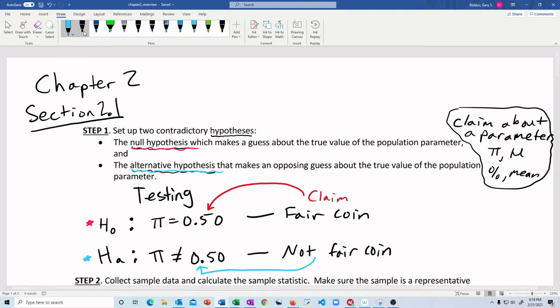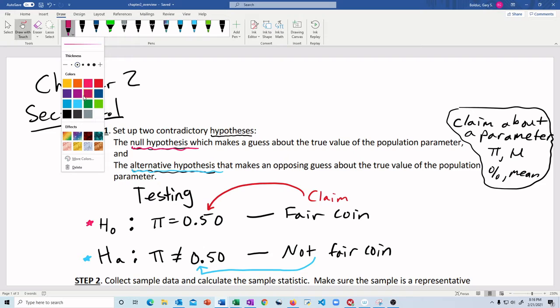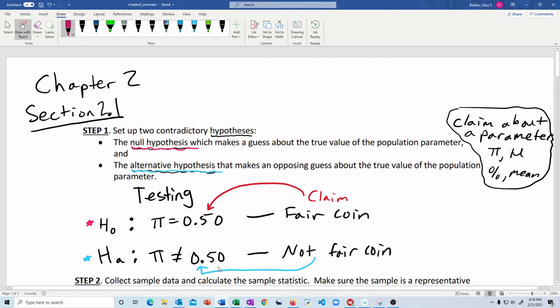And what we'll end up seeing here is there's a little more to this, in that this symbol here will have some options. So the options we'll end up having are not equal to, greater than, or less than. And what we'll do is we'll decide that based on the problem itself. If I come up to you and say, I have a coin.